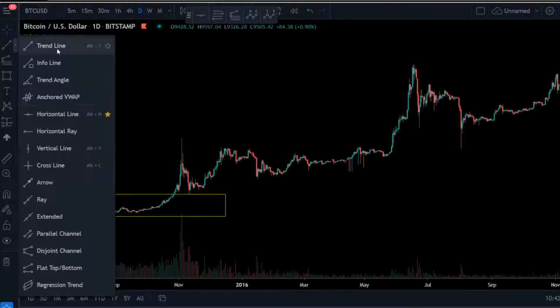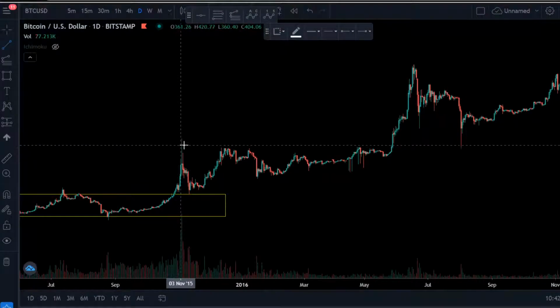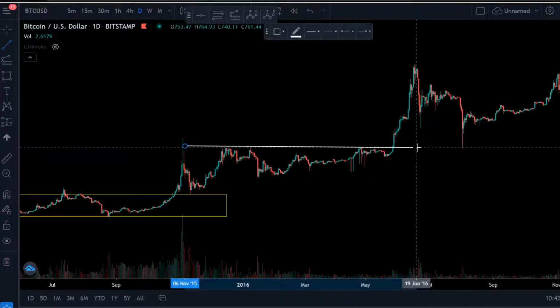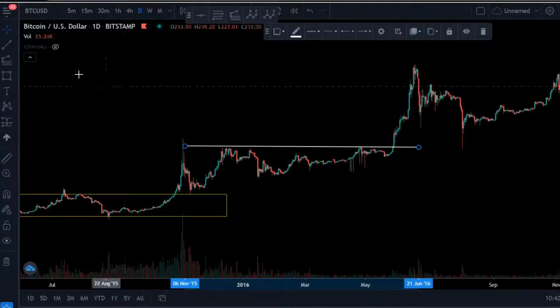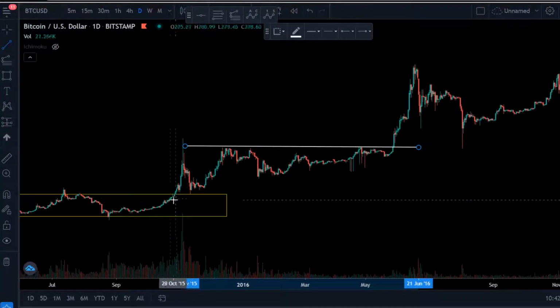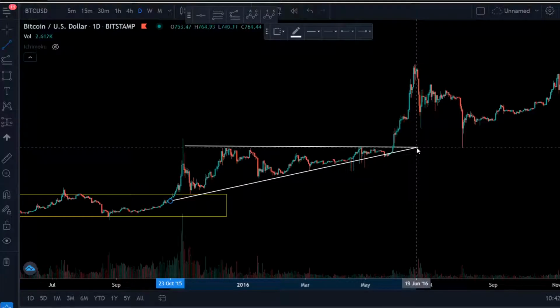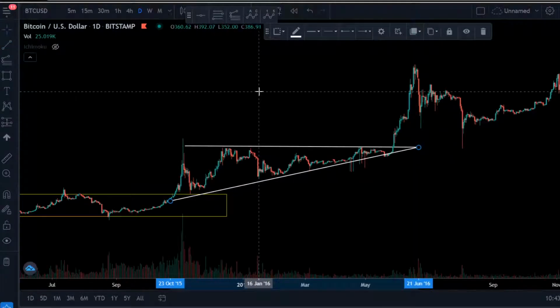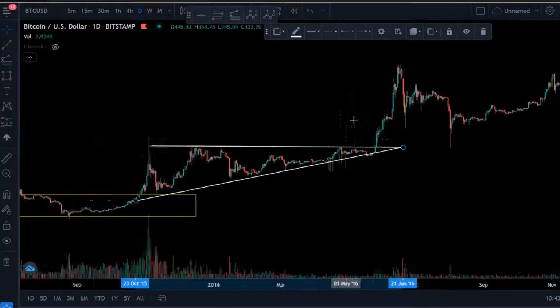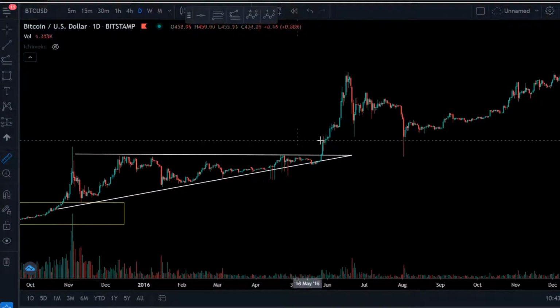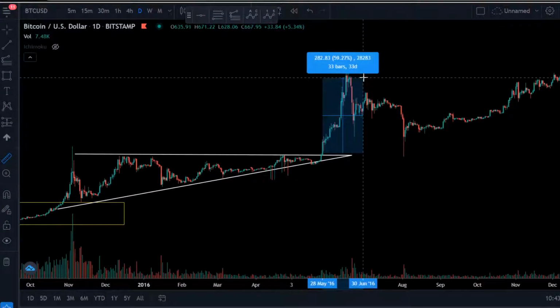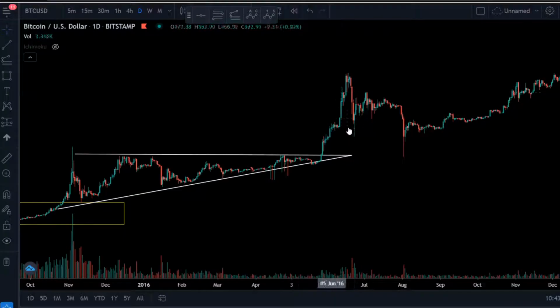Now you can see it's making a new resistance from that top, and an ascending triangle formation, a beautiful ascending triangle. Once we broke out of this ascending triangle, it went for another 60% gains on Bitcoin.